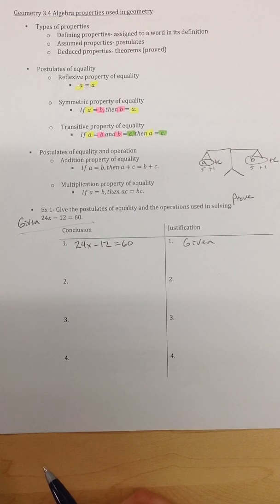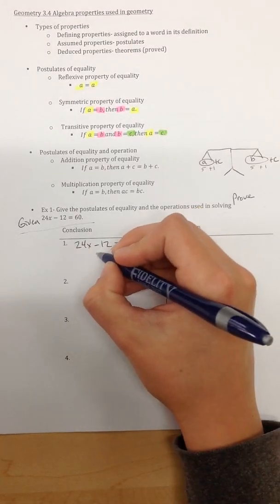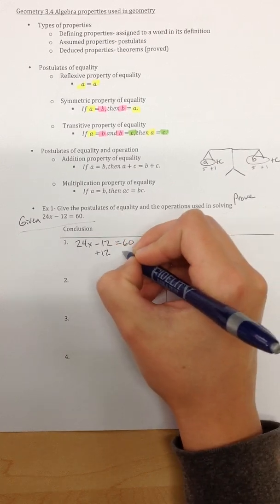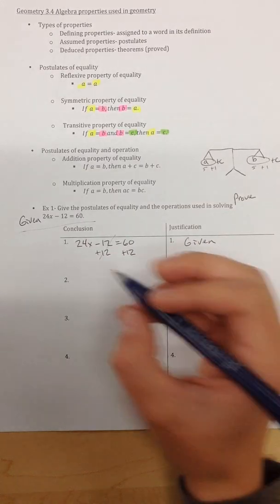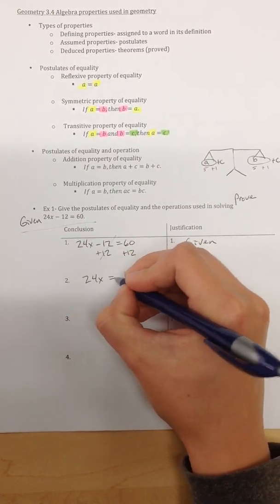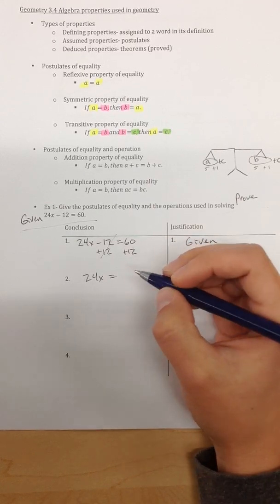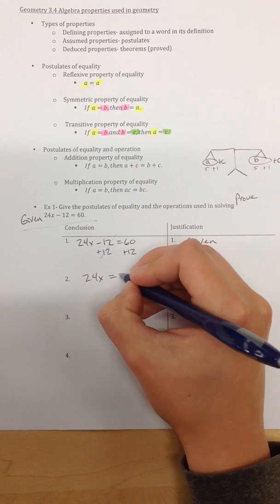So the first thing we're going to want to do here is get rid of the subtract 12. So if we get rid of subtracting 12, we're going to add 12 to each side, because then those are going to go away. And then I'll have 24x is equal to, and then 60 plus 12 is 72.